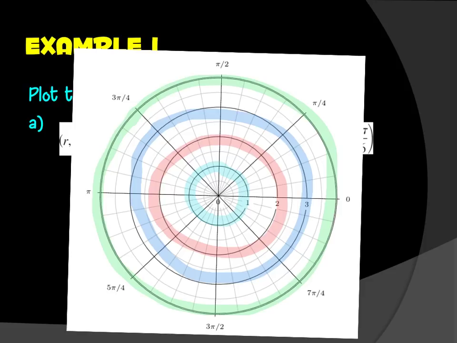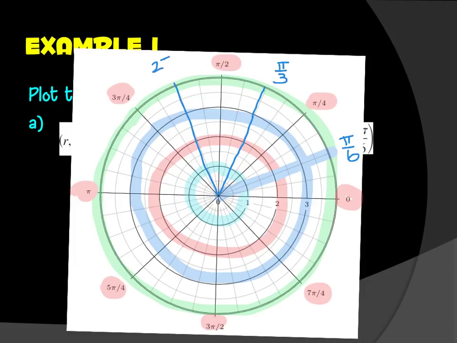And then notice that this starts at 0. This doesn't have all of your special angles. It goes 0, pi over 4, pi over 2, 3 pi over 4, pi, 5 pi over 4, 3 pi over 2, 7 pi over 4. In between there would be pi over 6. This would be pi over 3.